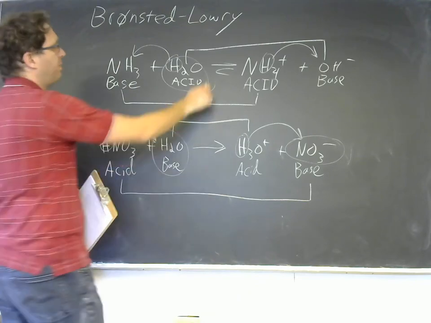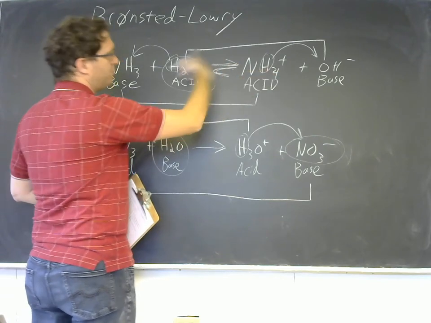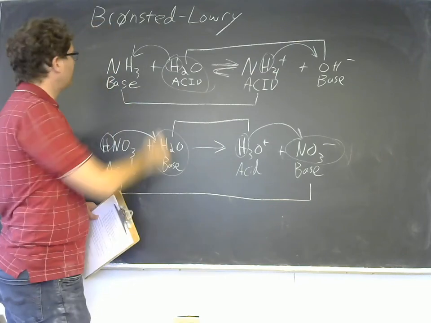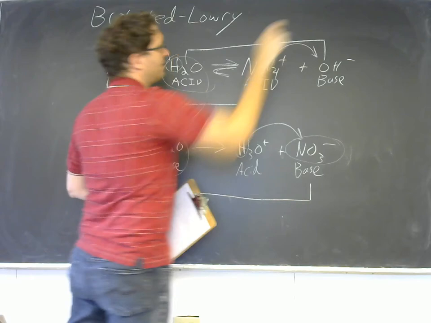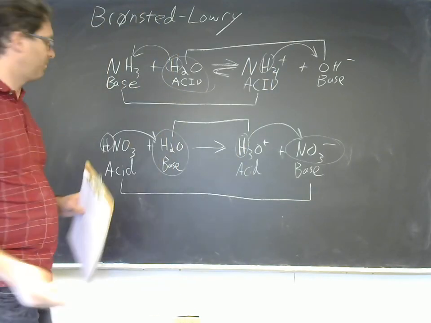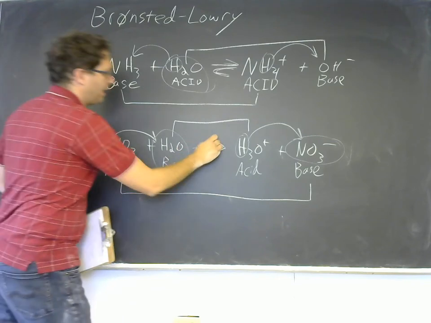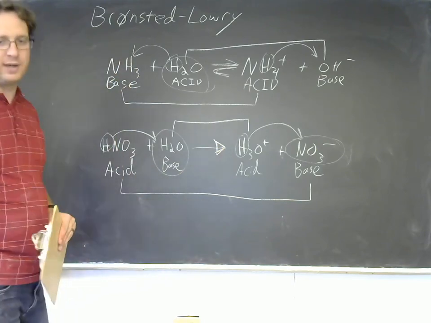Up here we have an equilibrium reaction that goes in both directions. Ammonium is the conjugate acid to ammonia because it really can and does donate a hydrogen in chemical reactions. HNO3 is a strong acid, and so we have a single-headed reaction arrow going all the way to products.